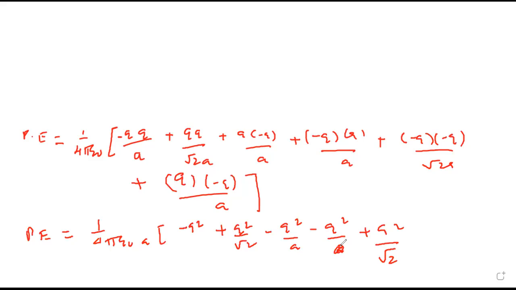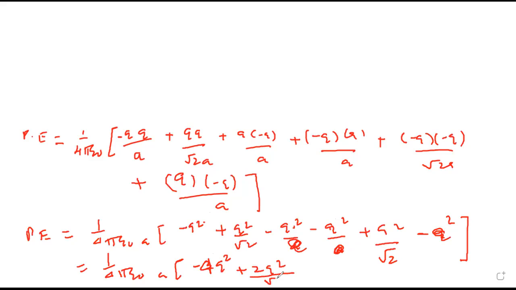A we have already brought out. Minus of Q square 4. So this is 1 upon 4 pi epsilon naught A, minus 3Q square minus 4Q square plus 2Q square upon root 2.